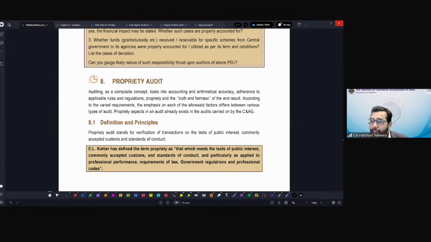So in the proprietary audit, let's say they are doing the expenditure in line with the policy, but the policy itself is not in the interest of the public, or the expenditure is done in line with the policy, but it is not in the interest of the public. That is the proprietary audit.